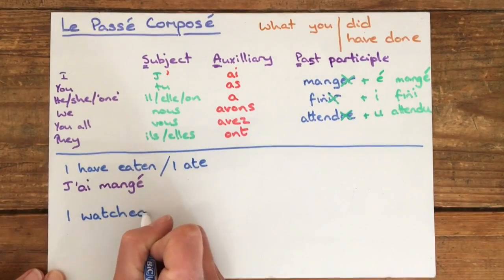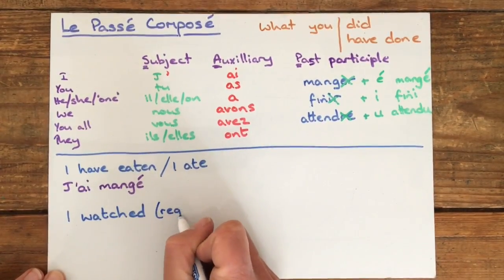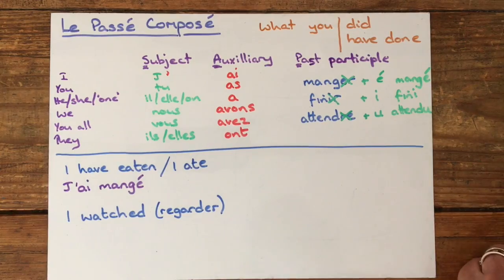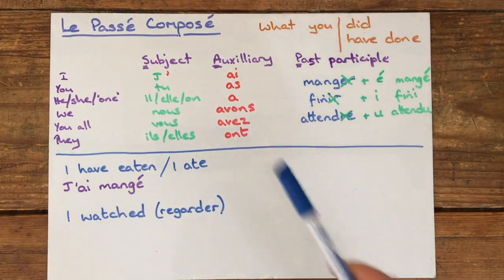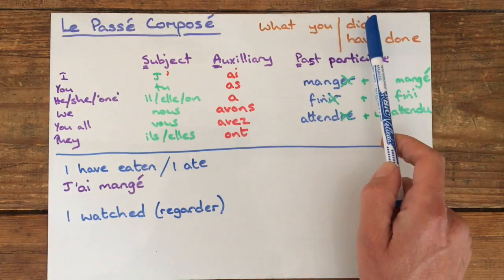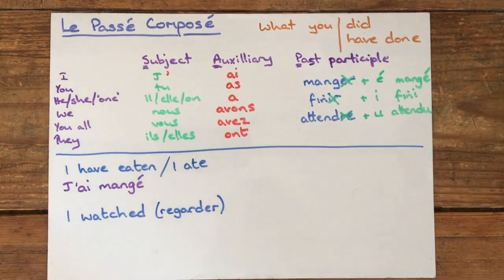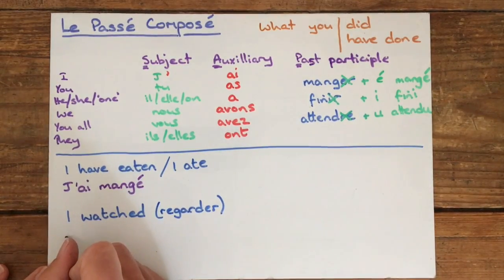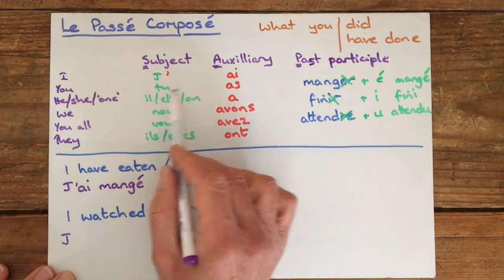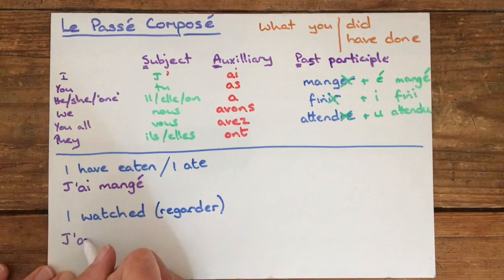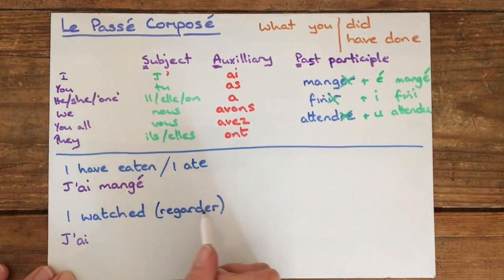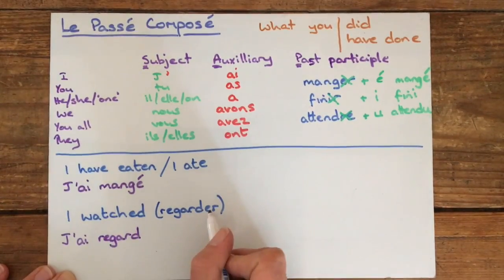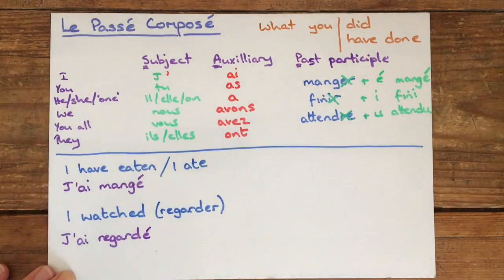So we're going to use the verb regarder, to watch. So we haven't got the have in there anymore, but remember that passé composé is what you did and what you have done. Both the same. So I watched, we need our subject, je, we need our auxiliary, j'ai, and then we need to make our past participle. So we take off the ER ending and we add the E acute. J'ai regardé.